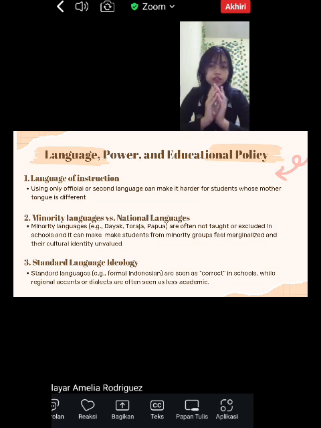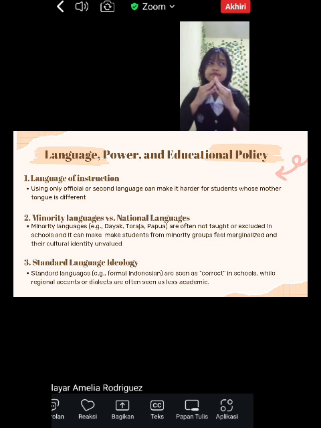When schools use only the national language, or maybe a lingua franca, in the classroom, students who speak a different mother tongue may face learning barriers.